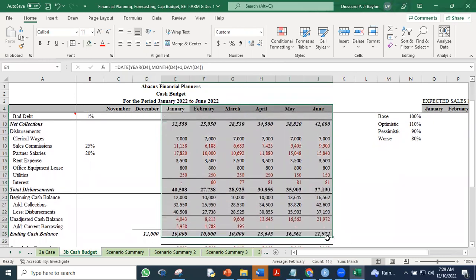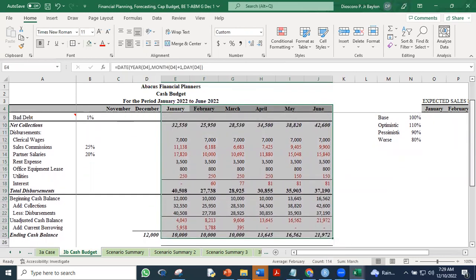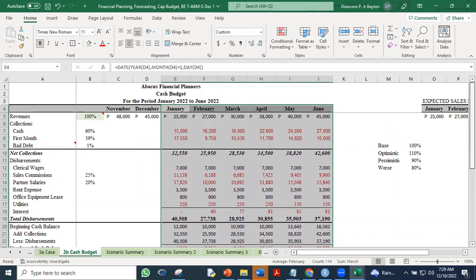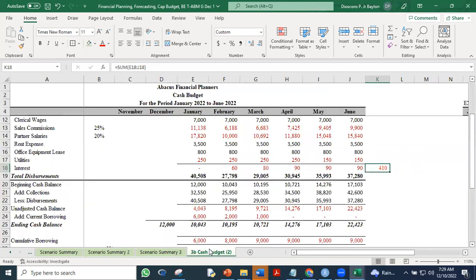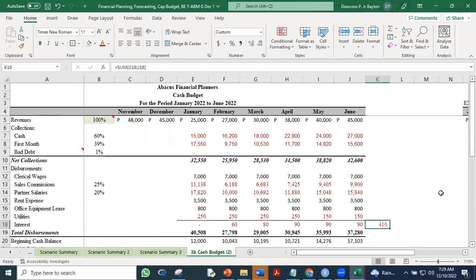Okay, this is what we're budgeting. We're taking a look at how much will be several things. How much will be our disbursements? How much will be our interest, if any? Okay, so let me go back here. How much will be interest? Here I added interest, and it will depend on our forecast.